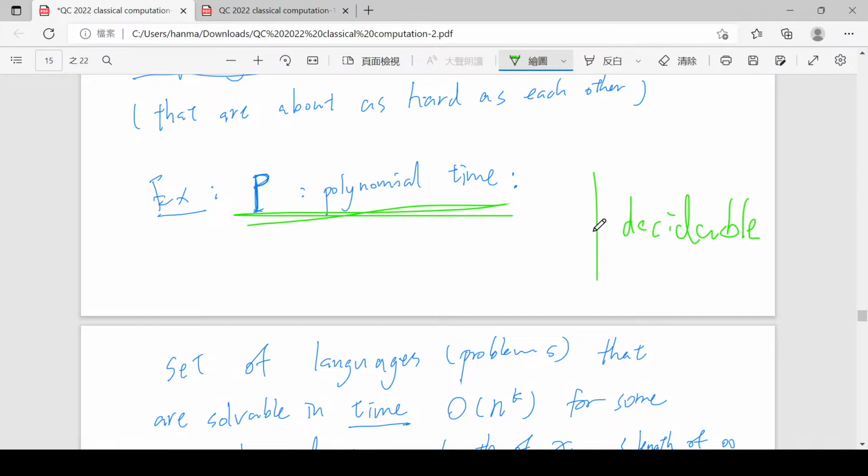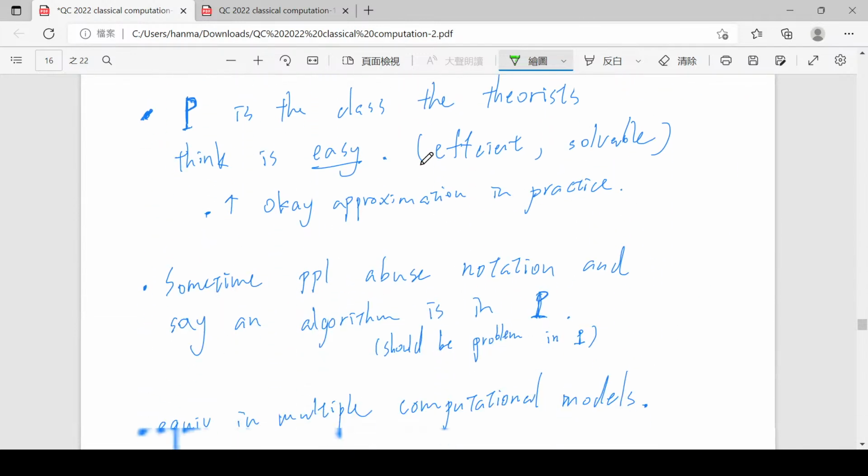So they just wanted to see whether things are decidable or not. But when people actually started building computers, they found out some problems, even for computers, took significant time to solve. So really, we want to see whether the problem is in P or not. And this is the main focus of modern computer science.